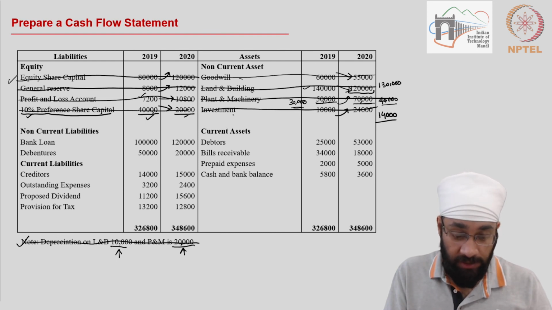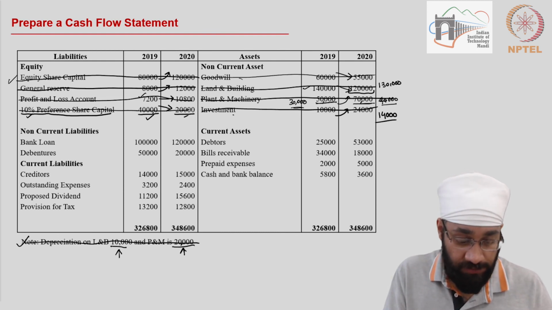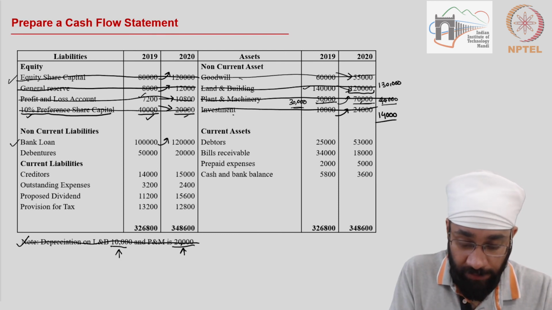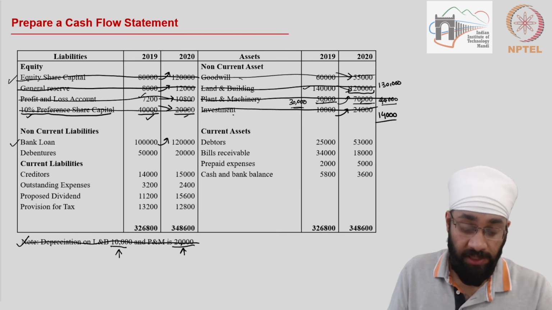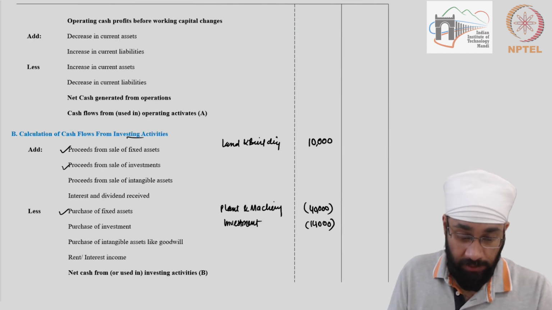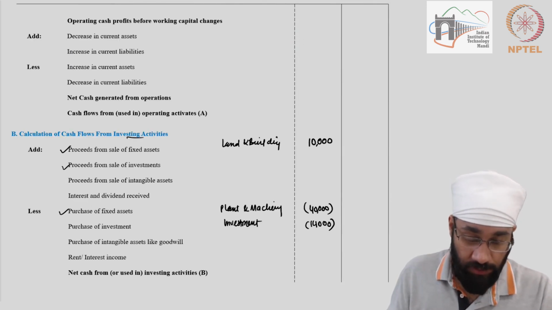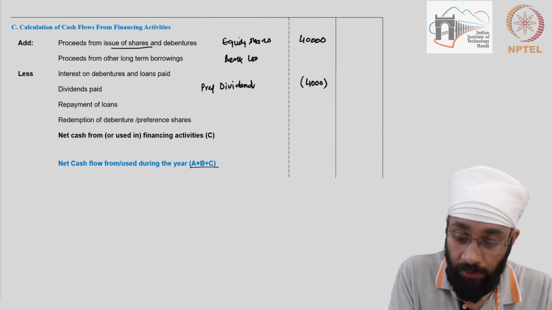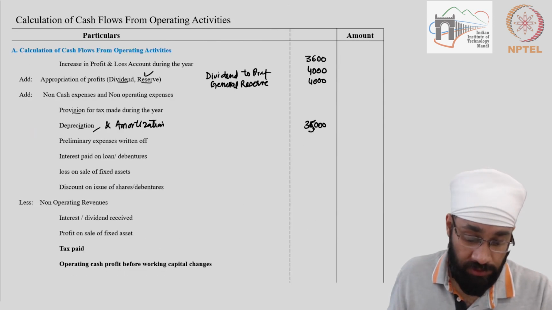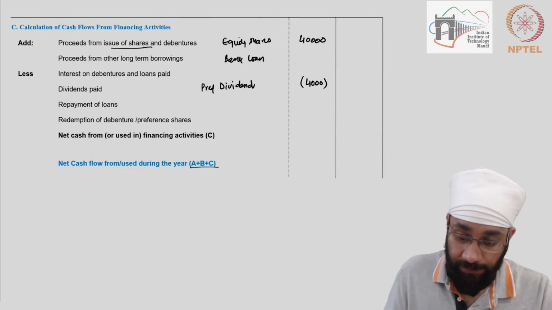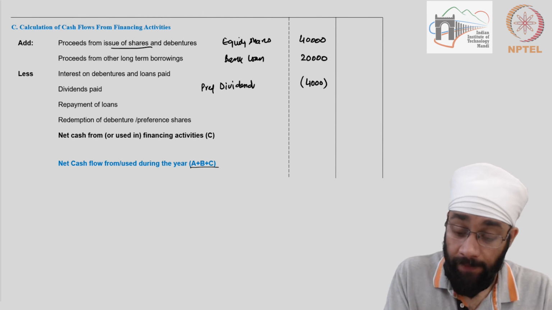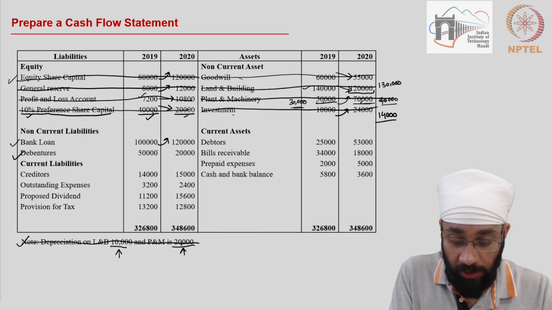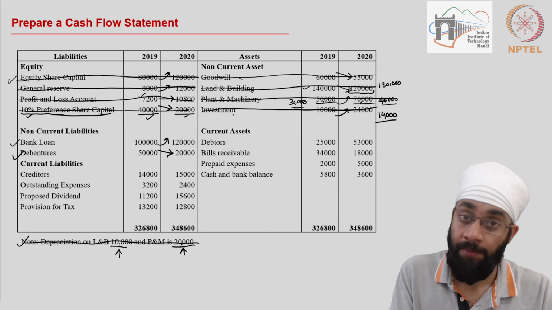Let's look at the rest of the items here as well. Now bank loan is also going up by 20,000. You are raising a bank loan. Now bank loan raised will go to financing activities. Bank loan, the amount was 20,000 here, and then you have debentures which are going down, which means you are paying the debentures.